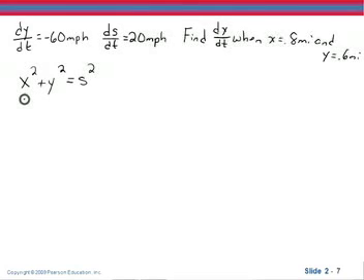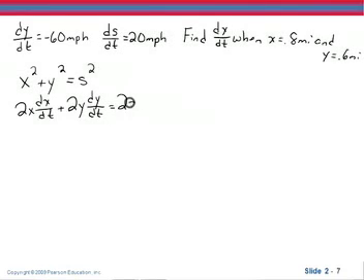So we'll go through and take the derivative of each. The derivative of x squared is going to be 2x, and we'll also need dx/dt. Plus the derivative of y squared is 2y, and we'll need dy/dt. And then the derivative of s squared is 2s, and we'll need ds/dt.